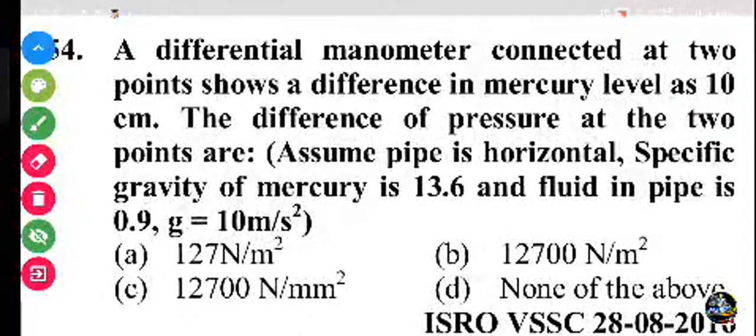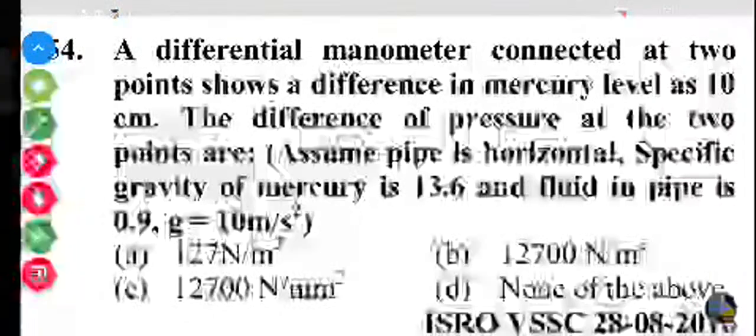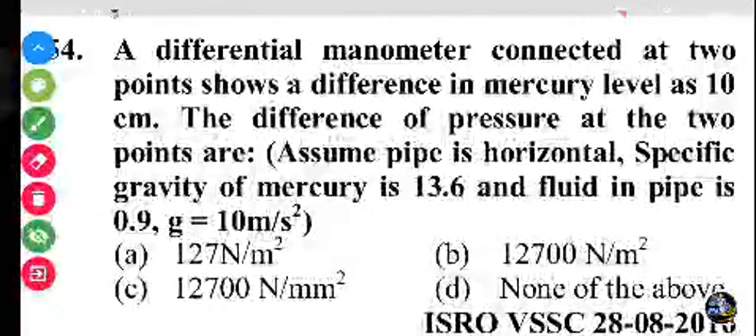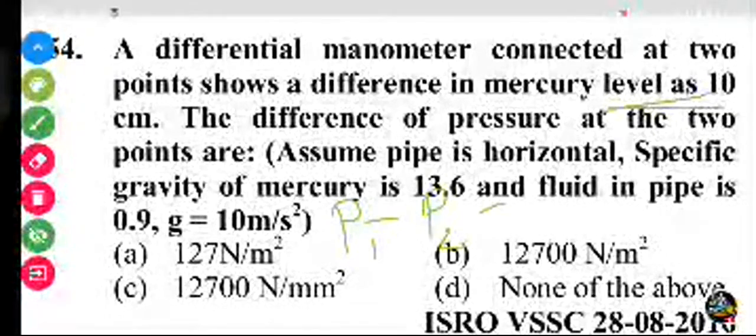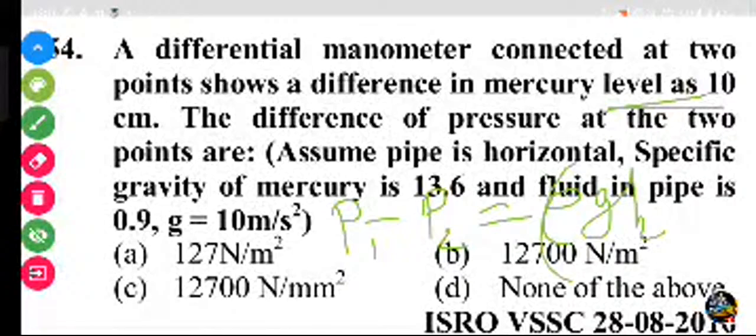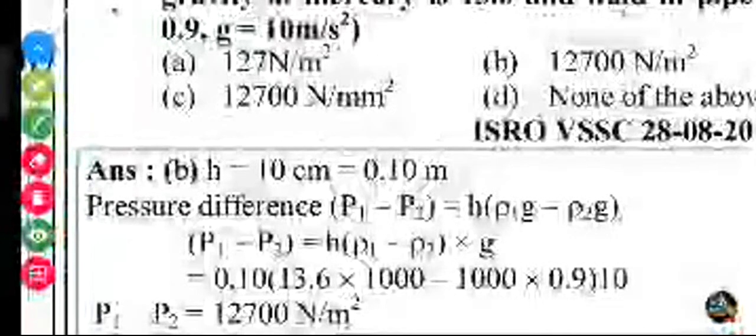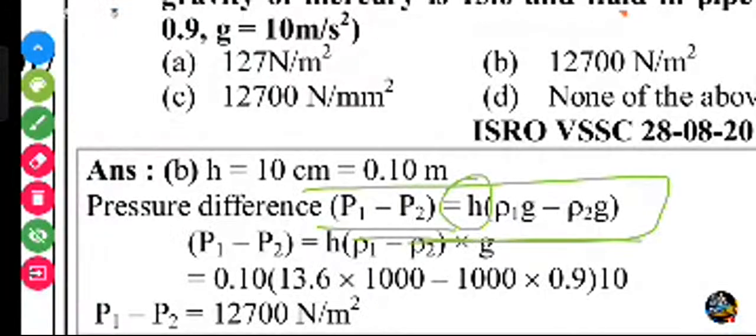The specific gravity of mercury is 13.6 and of the fluid in the pipe is 0.9, with g equal to 10 meter per second squared. The pressure difference is rho g h1 minus rho g h2, with two fluids, mercury and the pipe fluid. Because of the heights, we get 12700 Newton per meter square, or pascals.